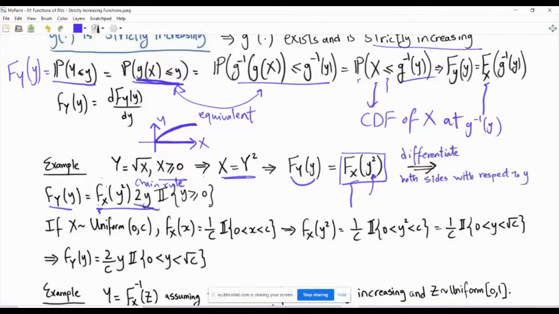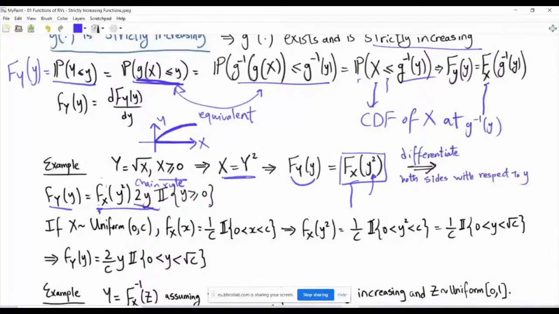So again, if you do it in two steps, if the function you are applying to x is strictly increasing, you take the CDF of x and replace a small x by the inverse of the function applied to y.